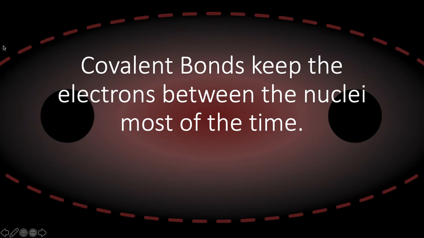Now they might, for a little bit of the time, go in other areas around, but most of the time they are shared between the two nuclei, and that's what the covalent bond is: this bond between the two elements caused by the sharing of those two electrons.